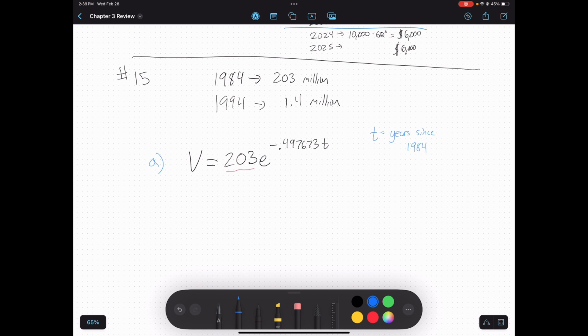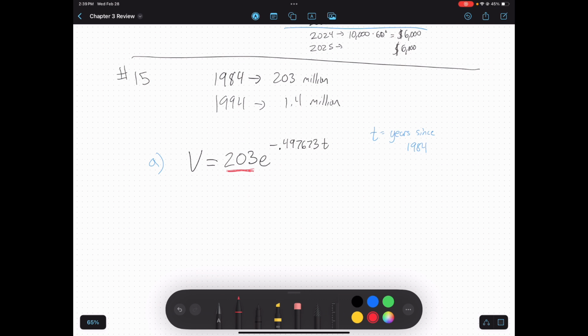All right? How many years have passed since I first started looking at it in 1984? The other thing I want you to notice about this 203 is I kept it just in terms of millions. So that means V is not going to be in terms of dollars, V is going to be in terms of millions of products. How many products you're selling. And it's all in terms of millions.